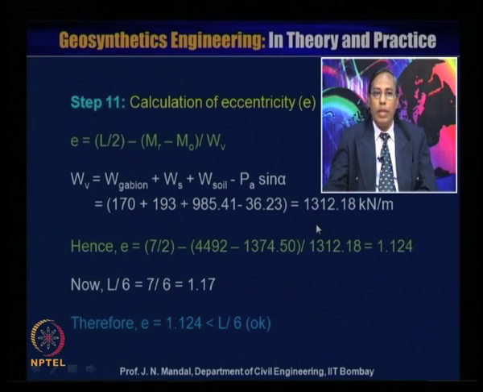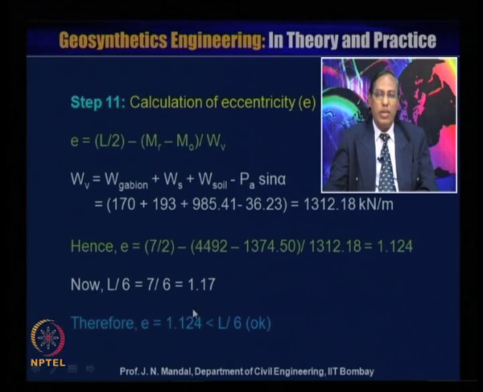So this will give that W of V is 1312.18 kilonewton per meter. Hence eccentricity E is L by 2, that means 7 by 2 minus M of R, we calculated 4492 minus M of 0, we calculated 1374.50. This divided by W of V, this W of V is 1312.18. So this will give eccentricity 1.124.